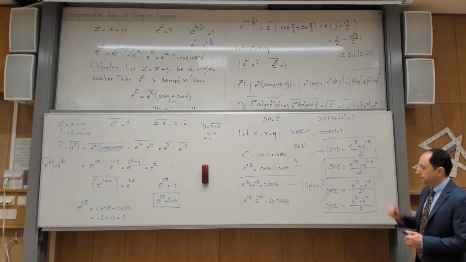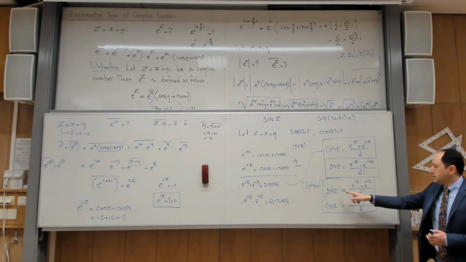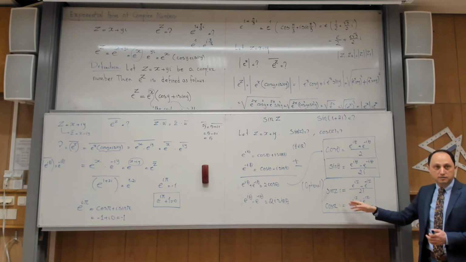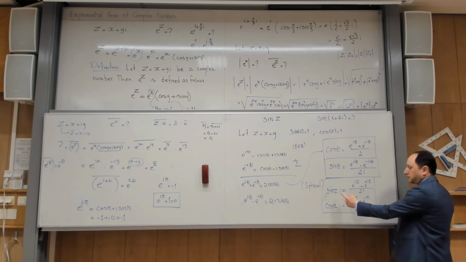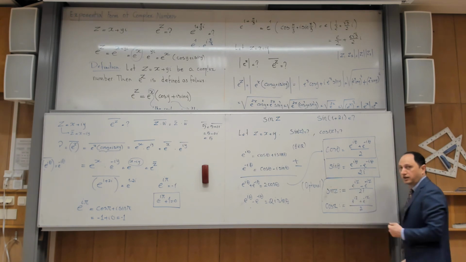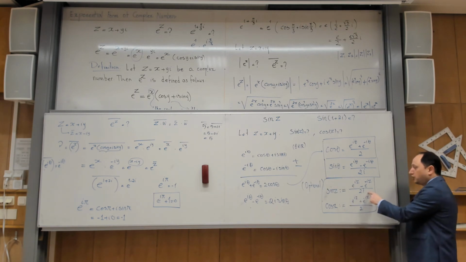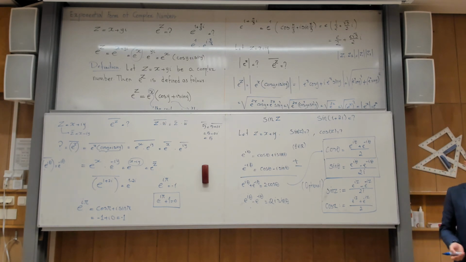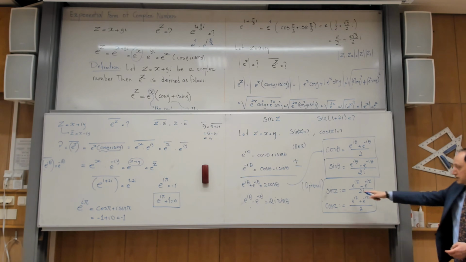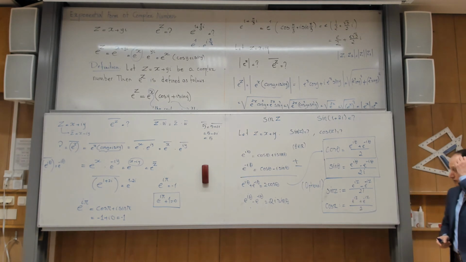That's a proof. But now, this is not a proof. If I ask you to prove it, it means that you already know what the sine of a complex number is, and you prove that they are equal. But you don't know what the sine of a complex number is. This is not a proof. That's the definition of the complex sine and cosine functions.